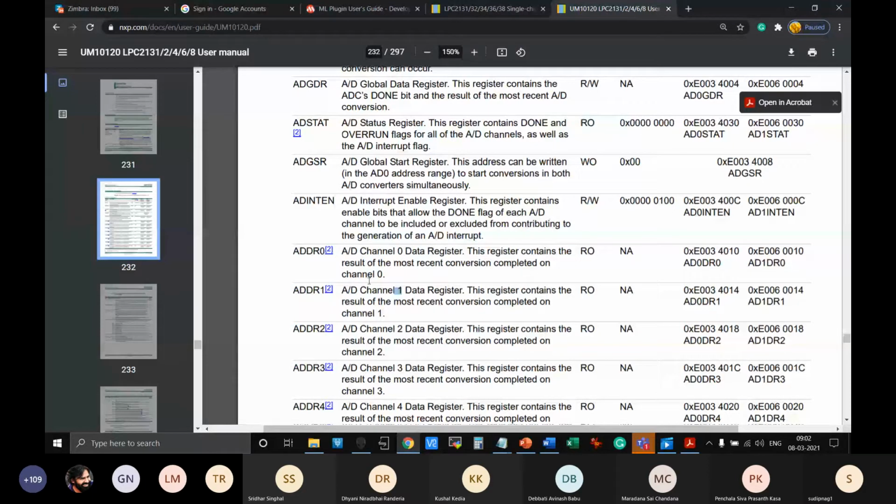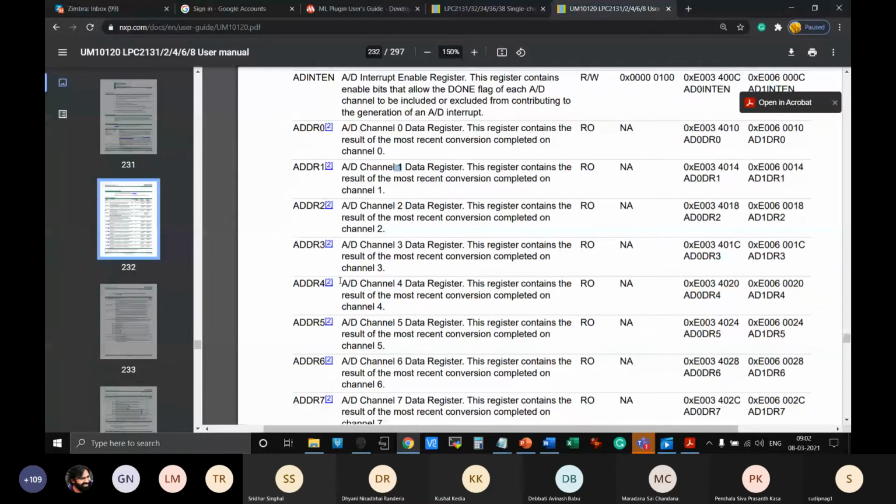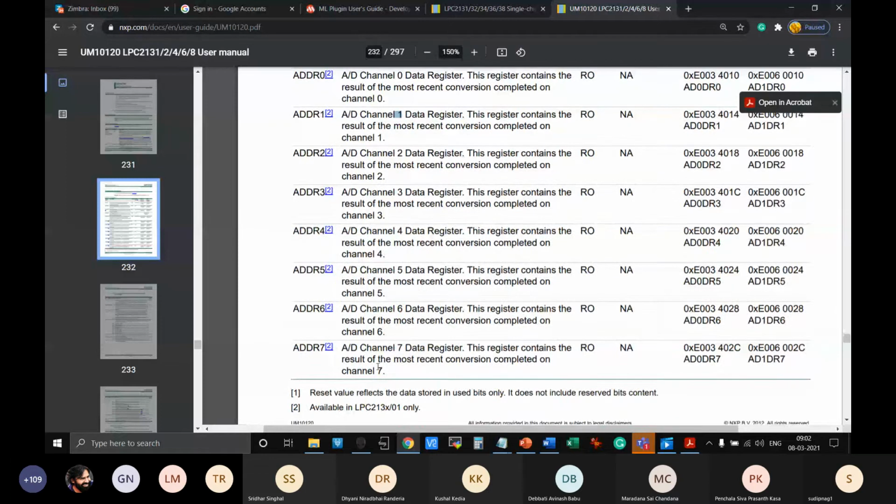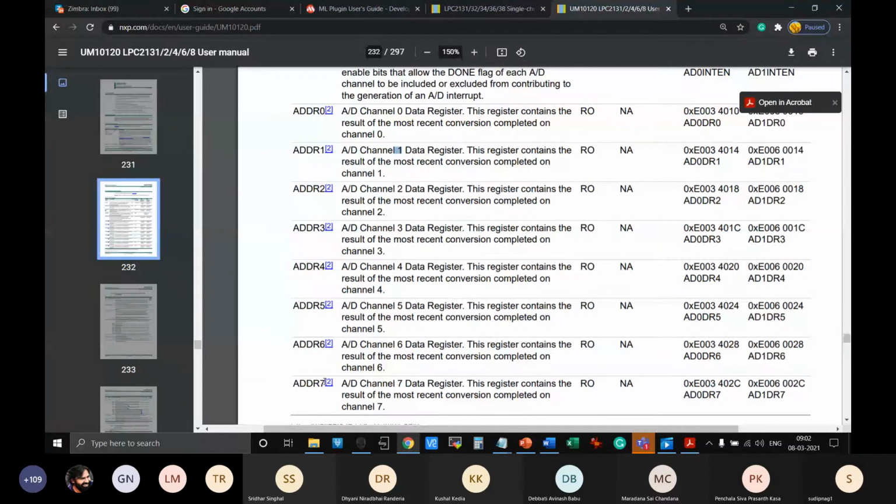There are lots of data registers because each ADC has 8 channels, AD0 to AD7, and that's why there are 8 different data registers for the various multiplexer channels.